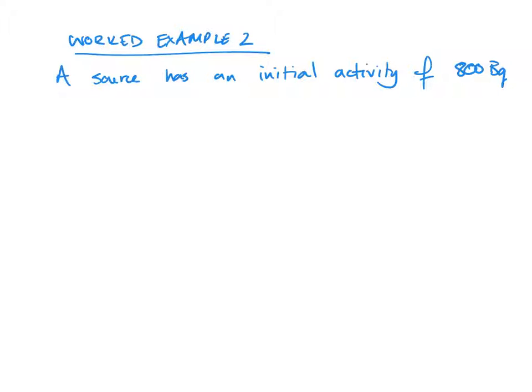So a source has initial activity of 800 becquerels. 20 days later, its activity is 50 becquerels.